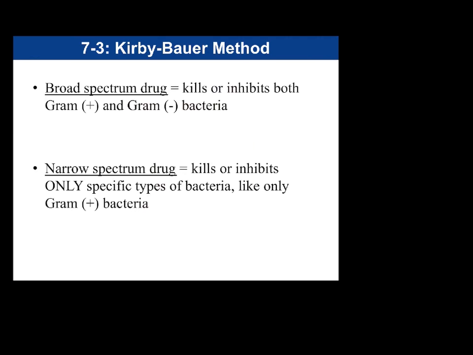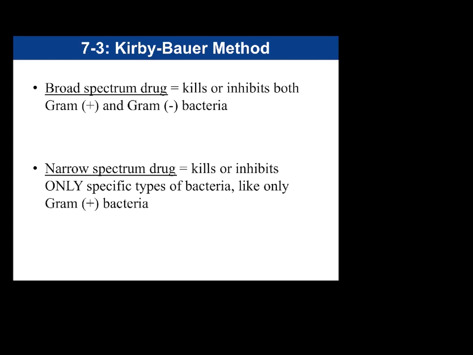Some definitions that you need to know and be able to interpret to our results. A broad spectrum antibiotic versus a narrow spectrum antibiotic. So a broad spectrum antibiotic is going to kill or inhibit the growth of many different species. So let's say both gram-positives and gram-negatives.